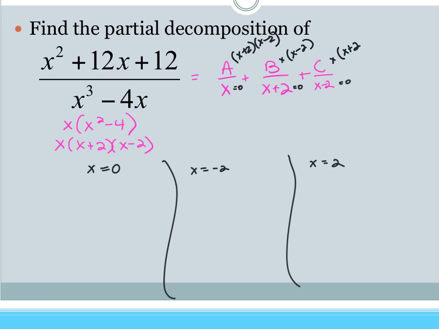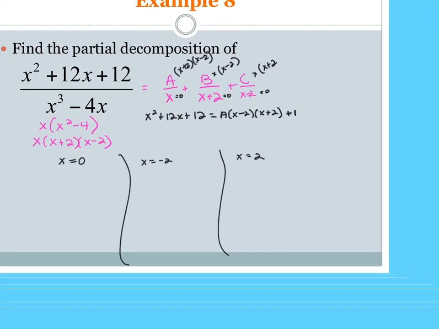So I'd get x squared plus 12x plus 12 equals A times x minus 2 times x plus 2 plus B times x minus 2 plus C times x plus 2.